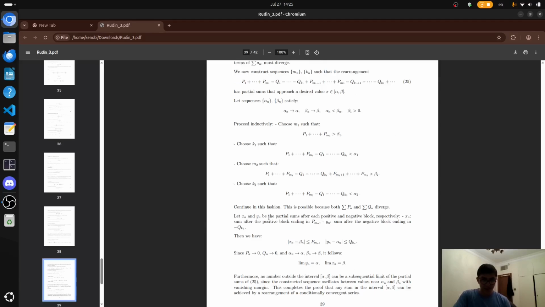Let xn and yn be the partial sums after each positive and negative block respectively. xn is the sum after the positive block ending in Pmn, and yn is the sum after the negative block ending in Qkn.